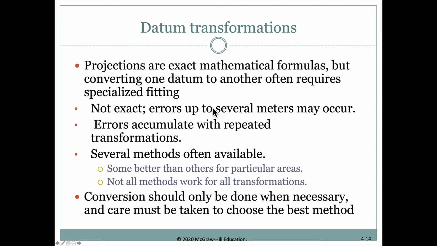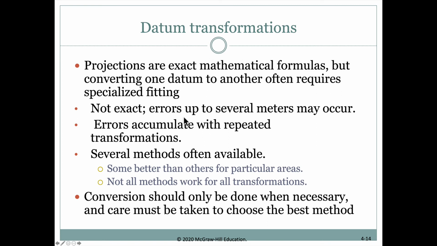So sometimes we do data transformation, such as projecting a map from one map projection to another map projection. And sometimes when we do this, we convert from one datum to another datum. And when this happens, we might have to specify what datum the original data was in and what datum we would like for the projected information.